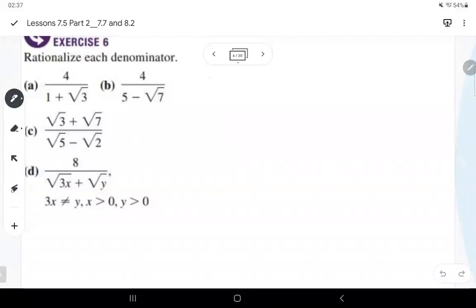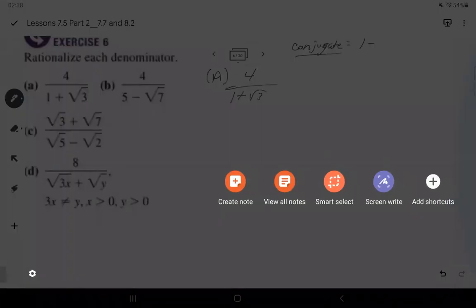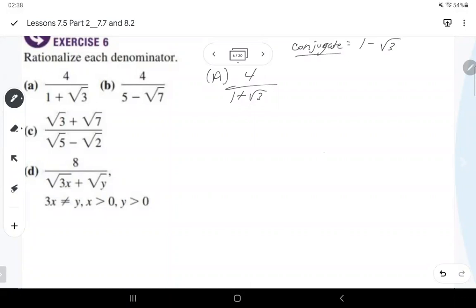So we're going to do these. We have 4 over 1 plus the square root of 3. The question you want to ask yourself is, what is the conjugate? That's going to be 1 minus the square root of 3. So you're going to take top and bottom and multiply by that.